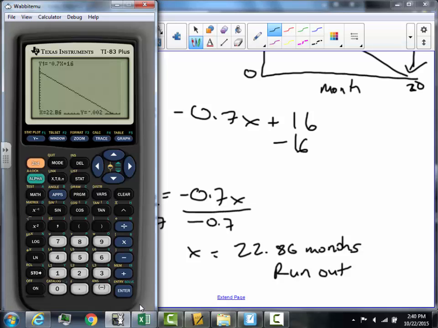Okay, so the reason why yours didn't work here is that your window only goes as high as 10. And you're asking your calculator to find a number that's 22.86, but your graph is not big enough to handle that. That makes sense? So that's where the error came in. So make sure x goes up to at least 25. That makes sense?